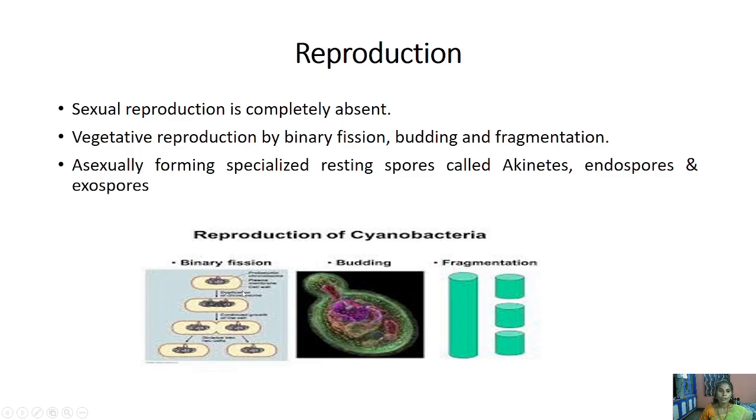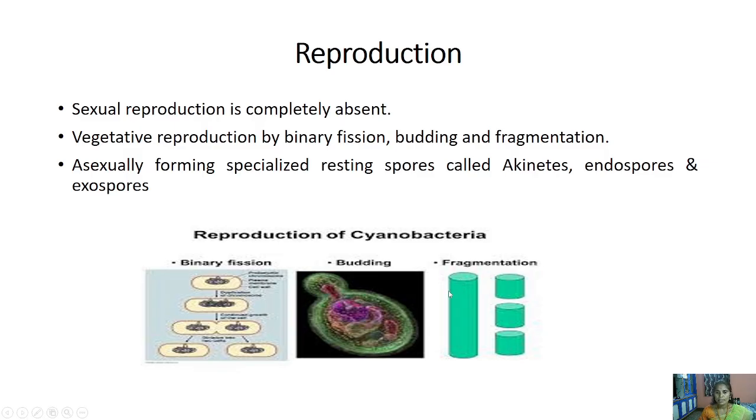Here we can observe the fission, which is otherwise known as binary fission or cell division, and the budding, where an outgrowth develops into which the content of the cell along with the cytoplasm and nucleus move and constriction develops, and later this bud will separate from the mother cell and lead an independent life.